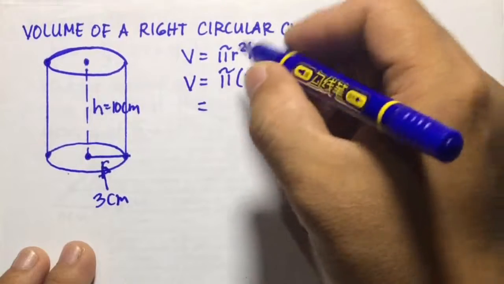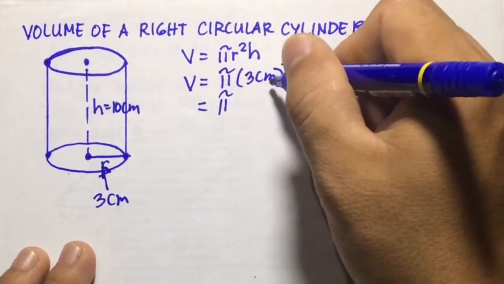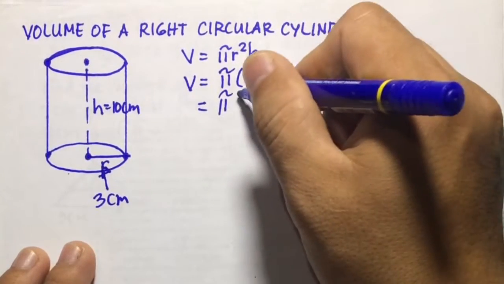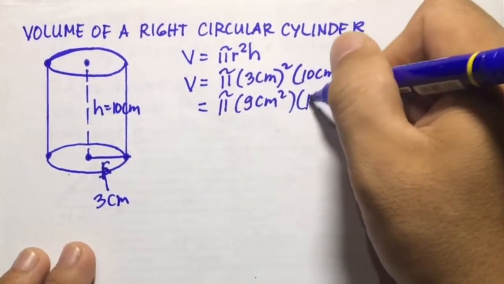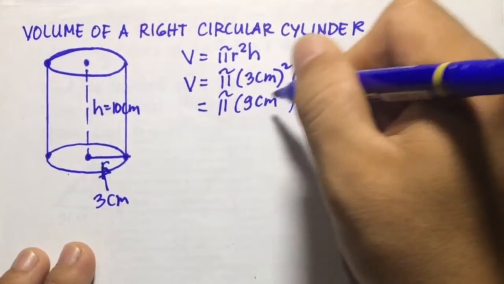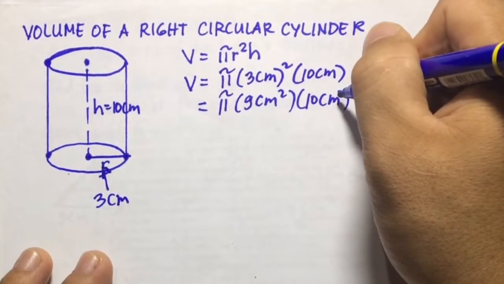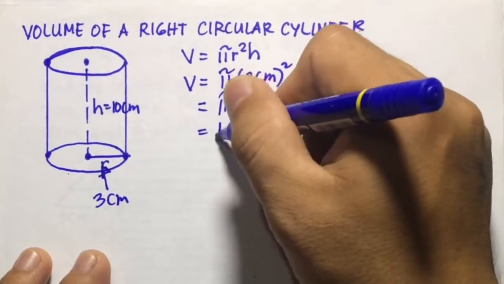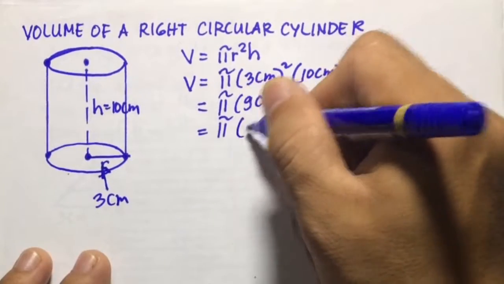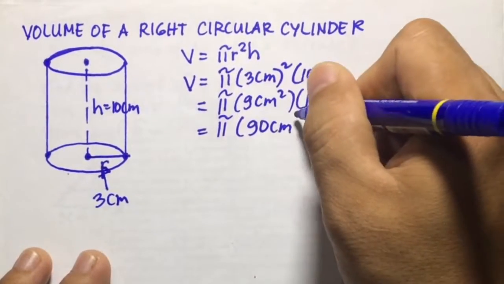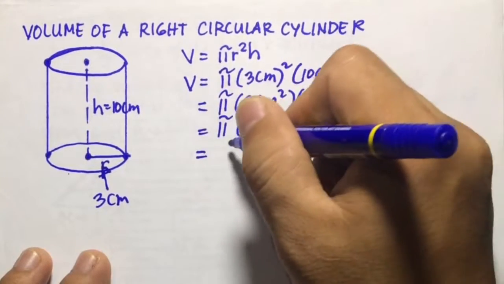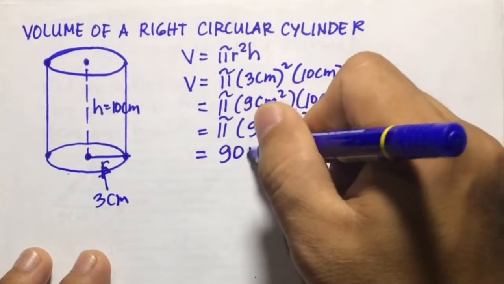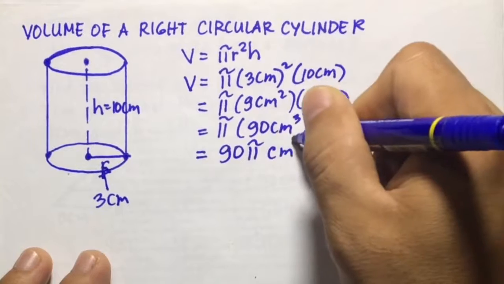So the volume here will be equal to pi. 3 centimeters squared is 9, so pi times 9 cm squared times 10 cm. So 9 cm squared times 10, that will be 90 cm cubed. Then multiplying the pi, this is equivalent to 90 pi cm cubed.